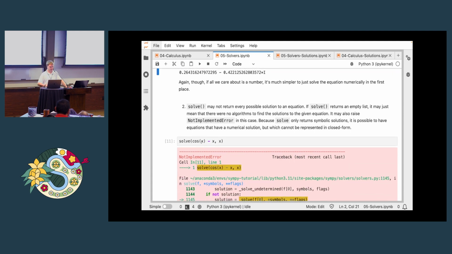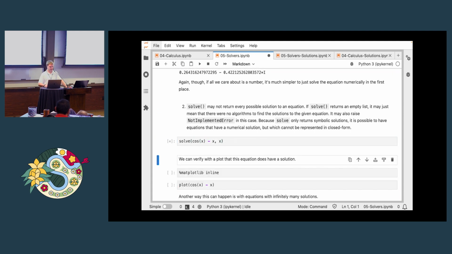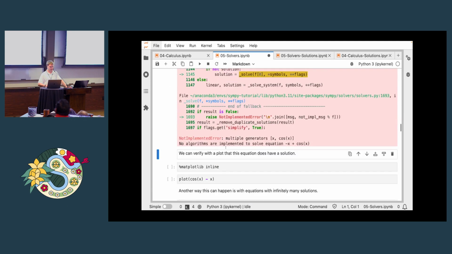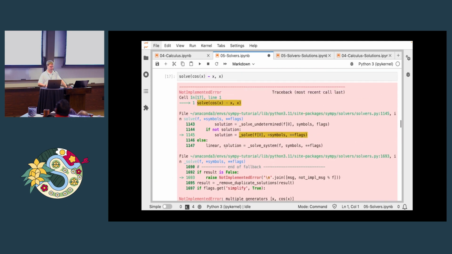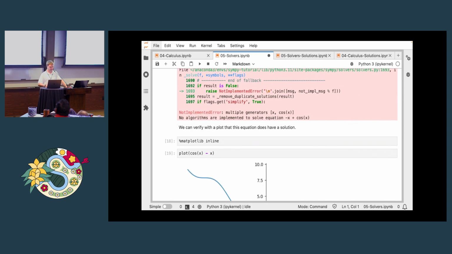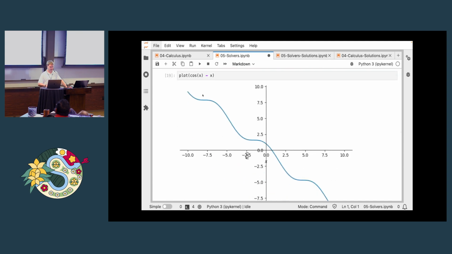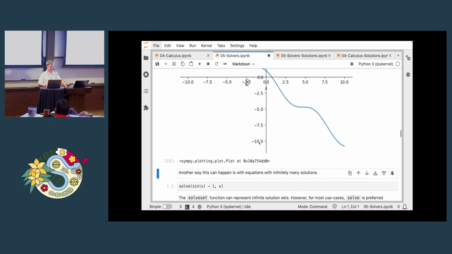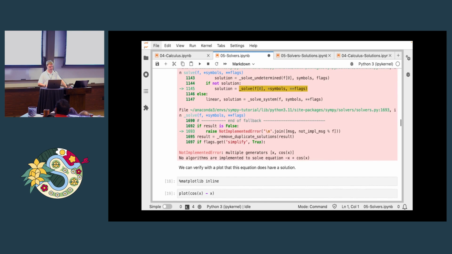So for example, cosine x equals x doesn't have a closed form solution. If we use the plot function in SymPy, we can verify that it does indeed have a solution. You can see it goes through 0, but there's no closed form answer for it.